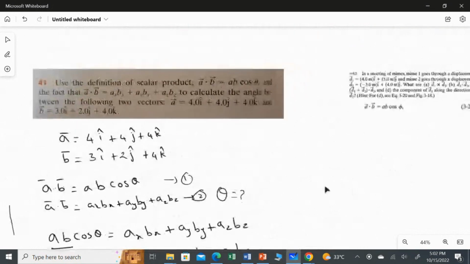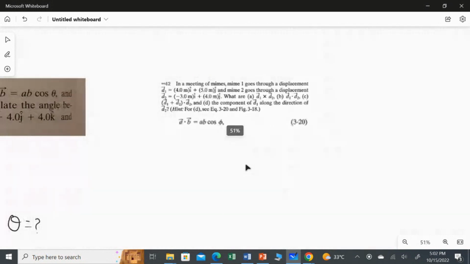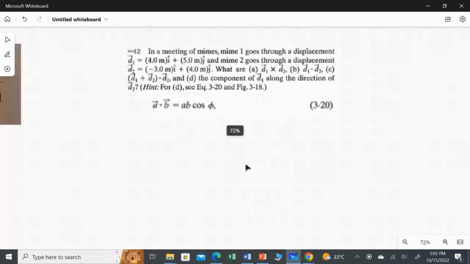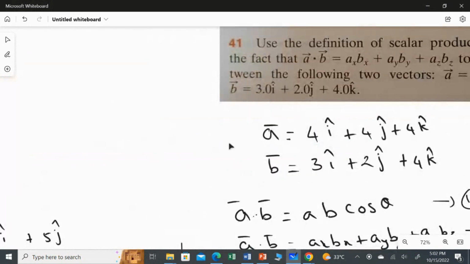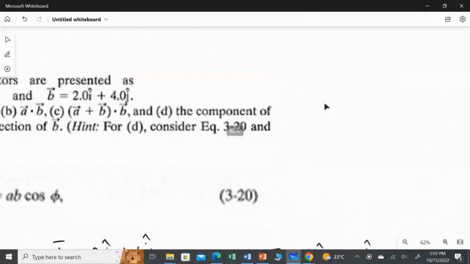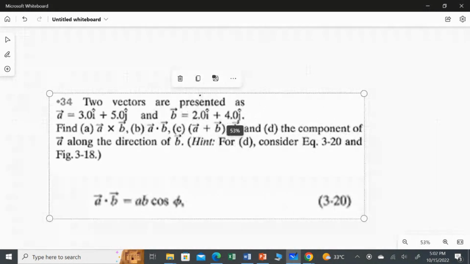Clear? Okay, now this question I'm going to leave for you because it's exactly the same. It's exactly similar to our third or fourth question. So this question is exactly similar to the 34th question. I don't want to waste time because we would repeat the same thing again and again.